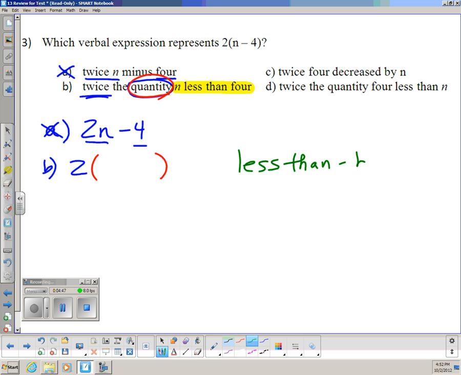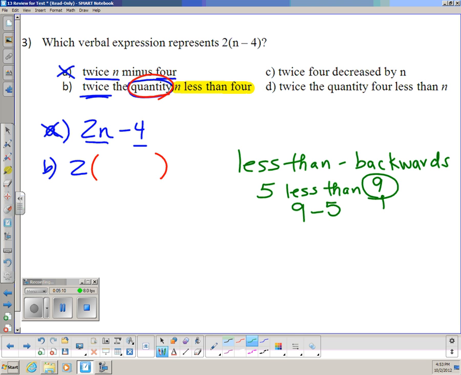Less than gets translated backwards. For example, if I said to you, I want 5 less than 9, I have to have this number first. I want 5 less than whatever this is. So I want 9 minus 5.